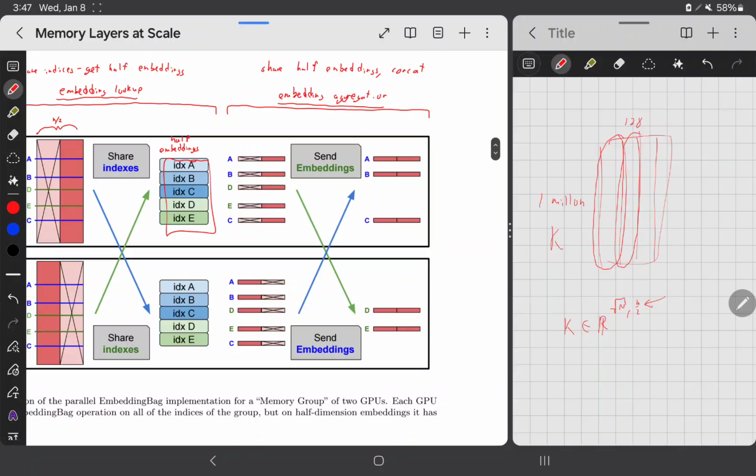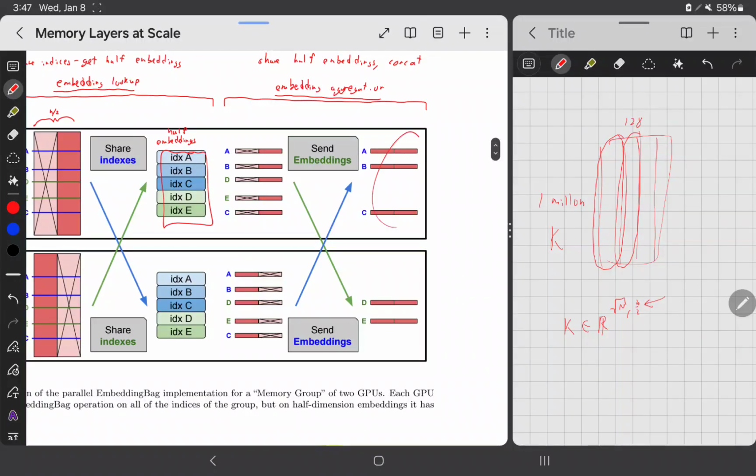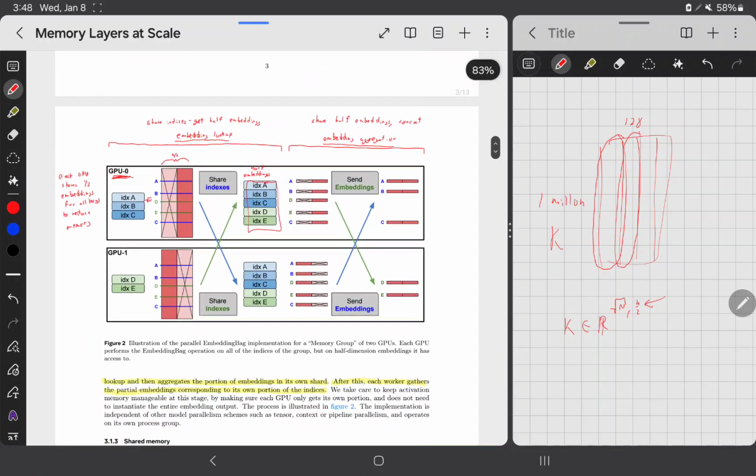And then after they grab the halves of memory for the indices you desire to have the full embeddings of, they share the halves. So GPU 0 has all these halves for all your indices, GPU 1 has all these halves for all your indices. They then share them, and they concatenate them together. So concatenate them after they're shared, and yeah, that's the idea of how they shard it.